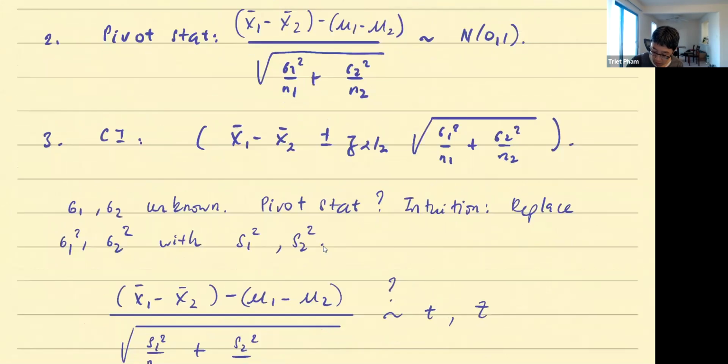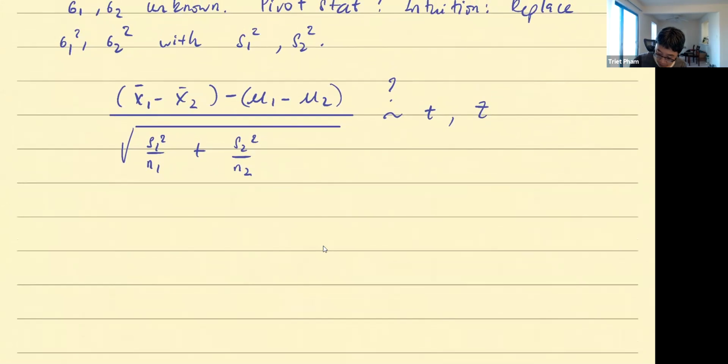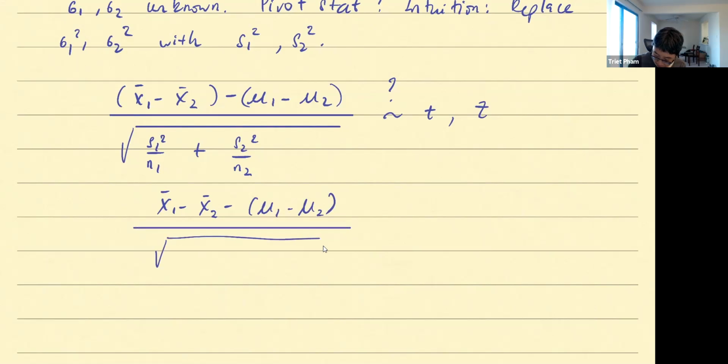So in other words, to make the top into standard normal, we need this. So this is the act of normalization.